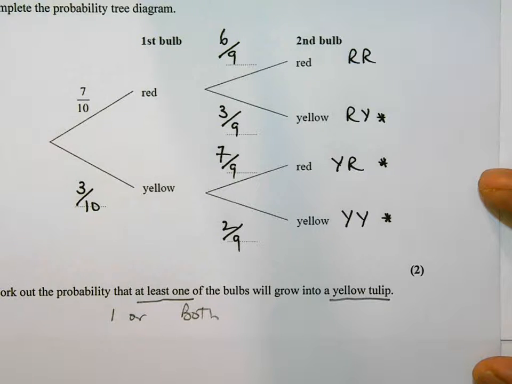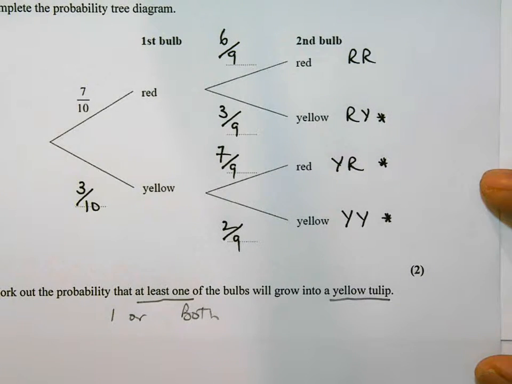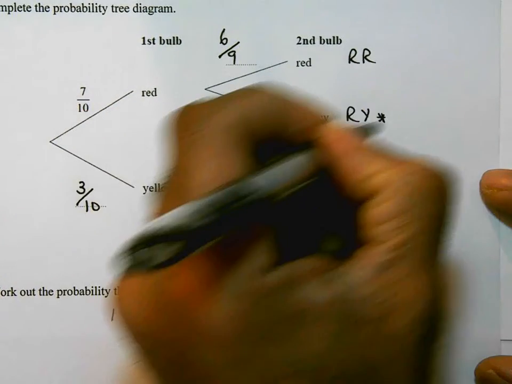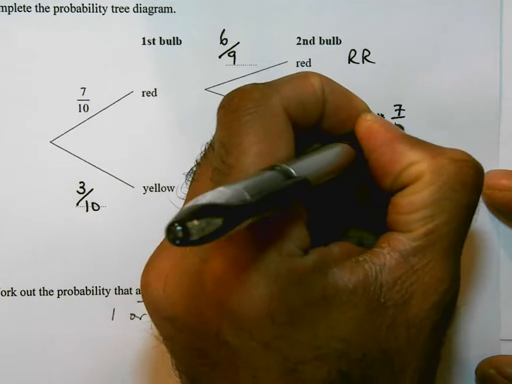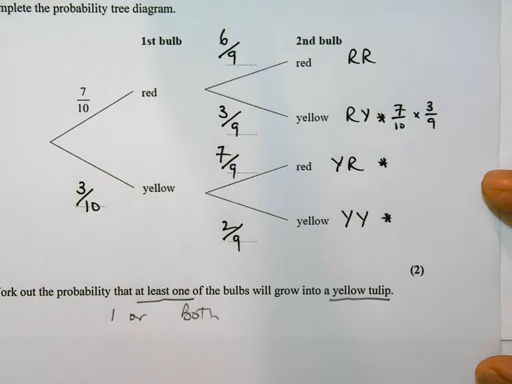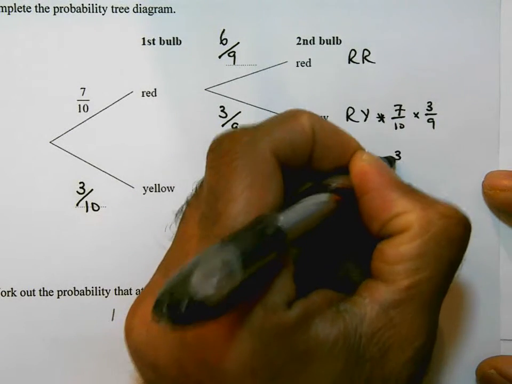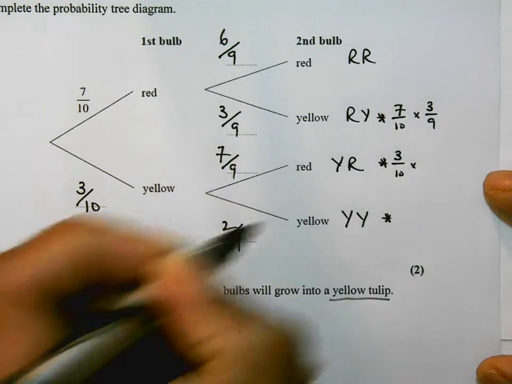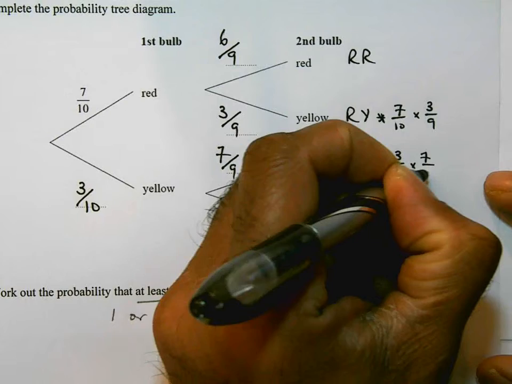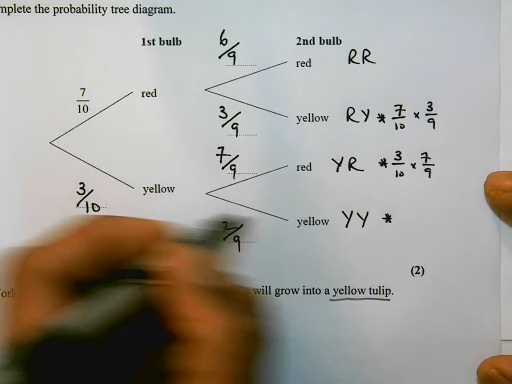To work out those probabilities, I need to multiply the probabilities on the branches along their way. So red, yellow is going to be 7 over 10 times 3 over 9. Yellow, red is going to be 3 over 10 times 7 over 9. And yellow, yellow is 3 over 10 times 2 over 9.